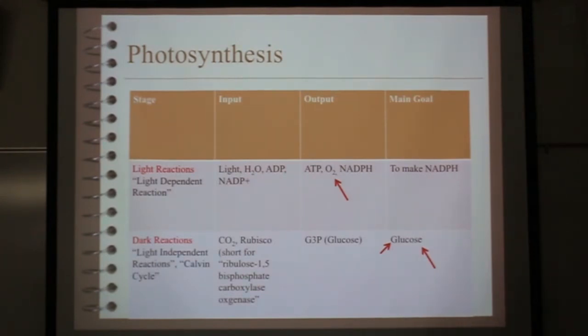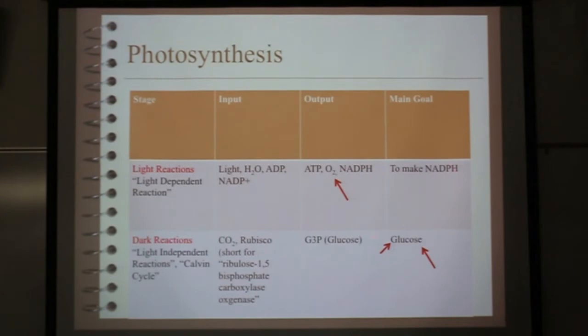Once again, like we did with cellular respiration, what we really want to focus on is what goes in and what comes out of the reactions. In photosynthesis, we'll really talk about two stages, the light reactions and the dark reactions. In the light reactions, also called the light-dependent reactions, we take sunlight energy and use it to make this molecule called NADPH.